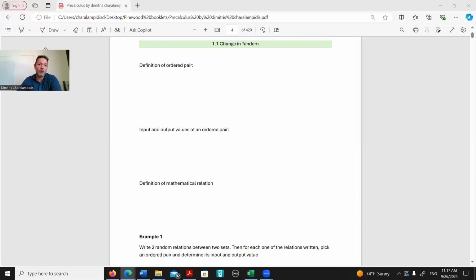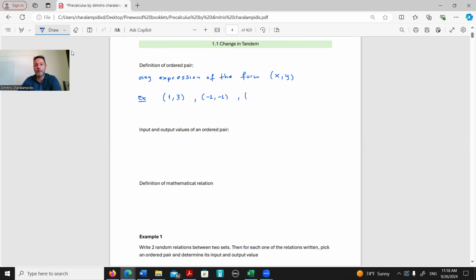So, an ordered pair is any expression of the form (x, y). For example, (1, 3) is an ordered pair, (-1, -1) is another ordered pair, (square root of 2, 1/2) is an ordered pair, and so on and so forth.